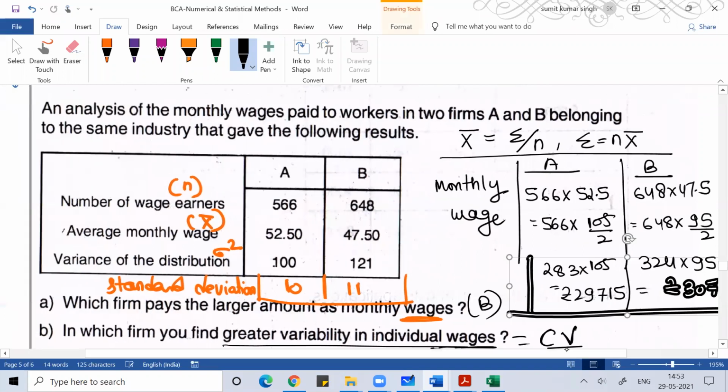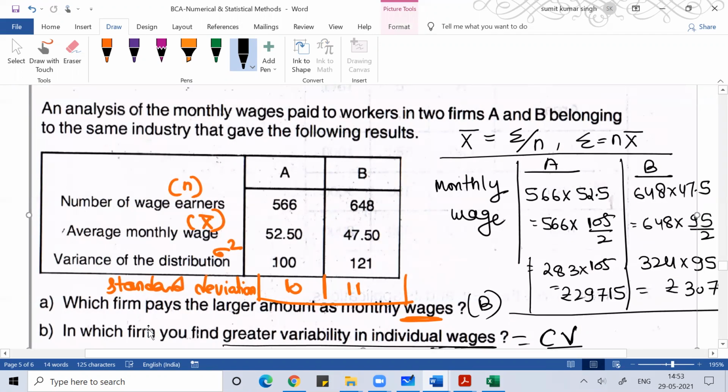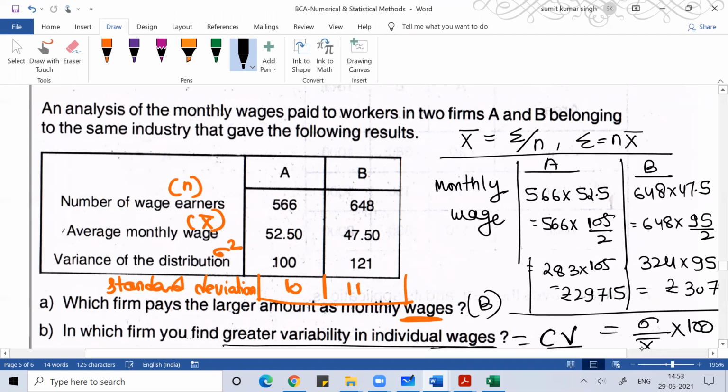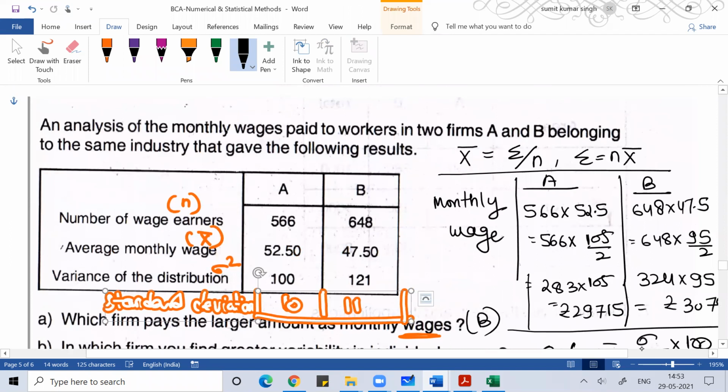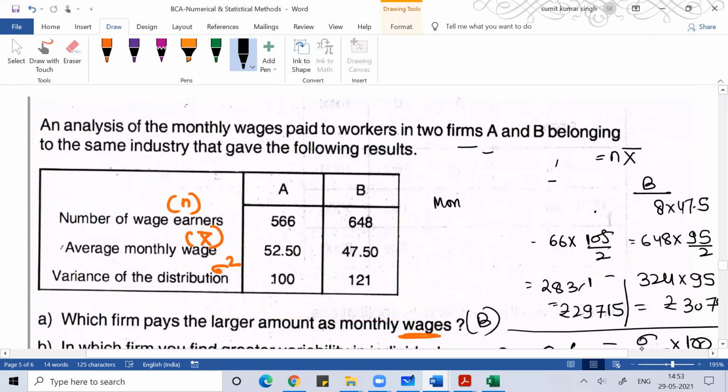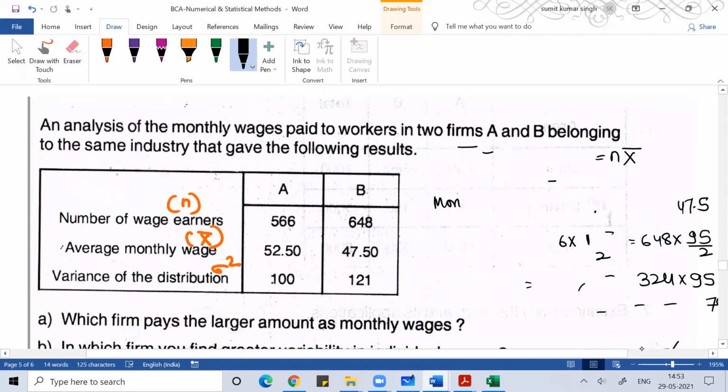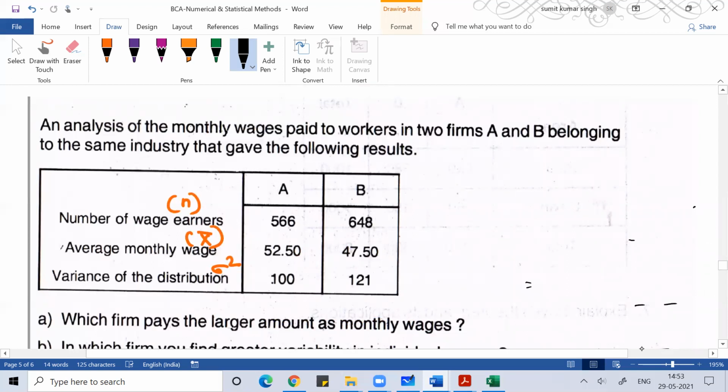Whichever firm has the higher coefficient of variation will have greater variability in the individual wages, with respect to the other firm. I hope you understand it.